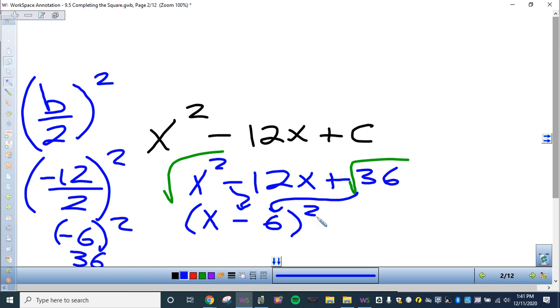Charlotte, question though. Couldn't you just take it from when you have the negative 6 squared and just take the square off? Take the negative off, you mean? Yes, you could take the negative off. Because you're going to square it anyway, so the negative doesn't matter. It's a good point. It'll be that number eventually.